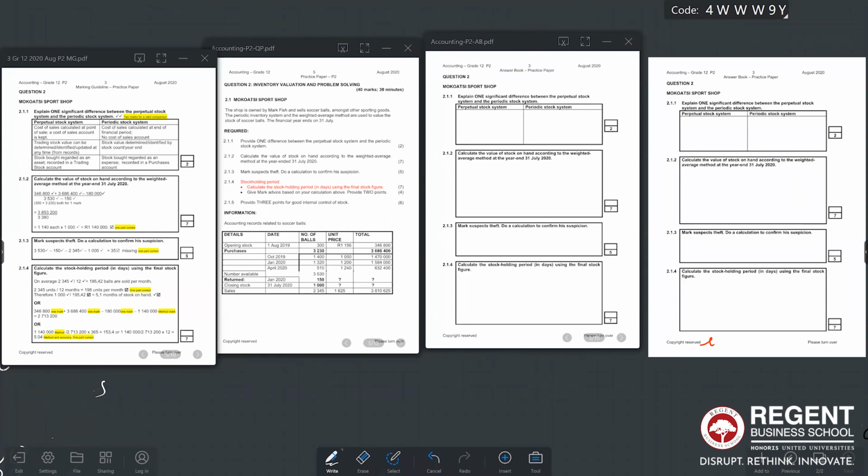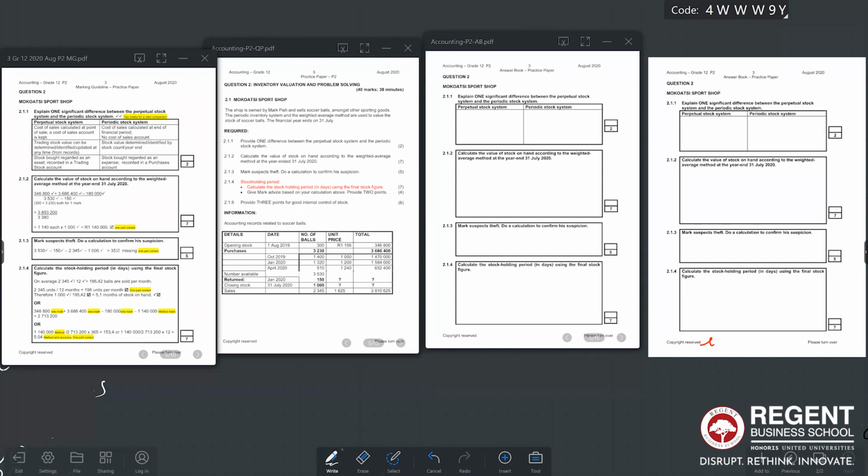Your purchases were 3,686,400. And I returned 150 from the January purchase. The January purchase was 1,200 rand each.